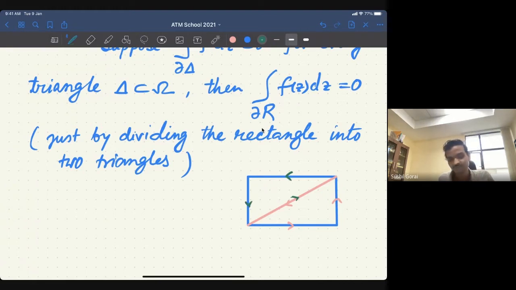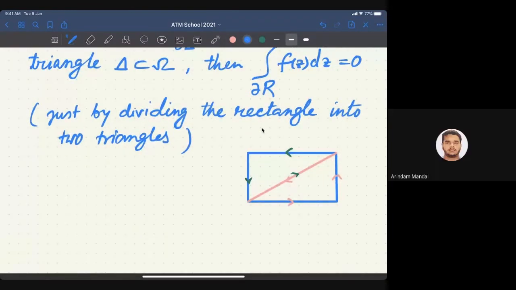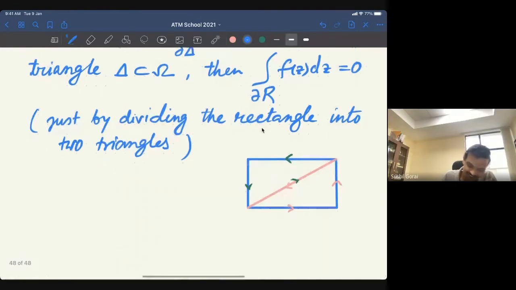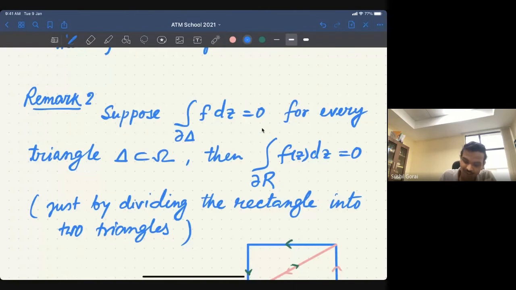All right. So what does it imply? Can you guess? Can you tell me what it implies? Primitive. Right. So that implies that if this integral is 0 for every triangle Delta inside Omega, then also f has a primitive.